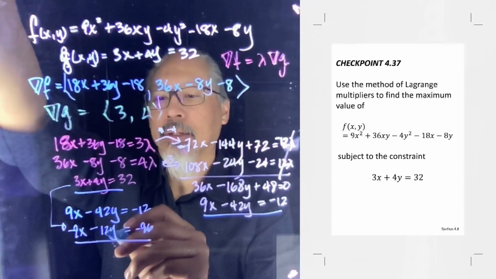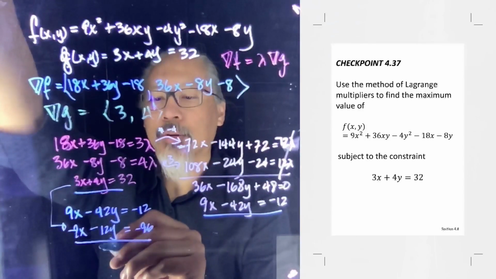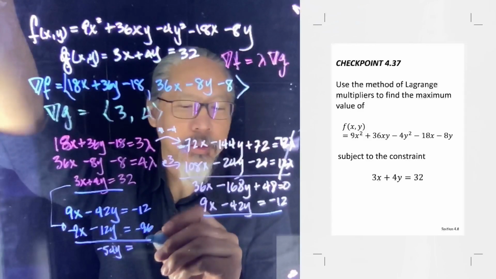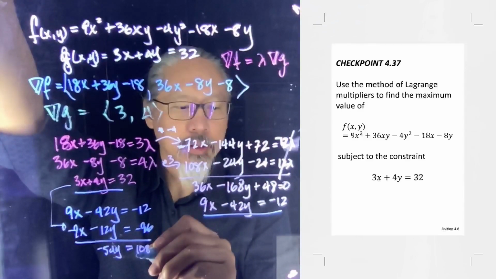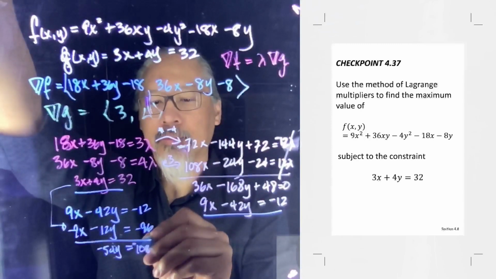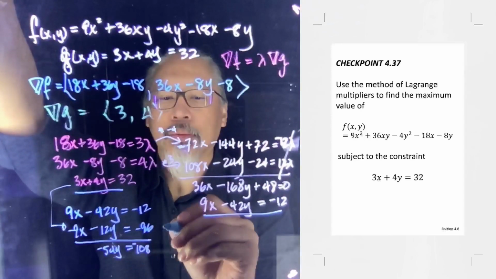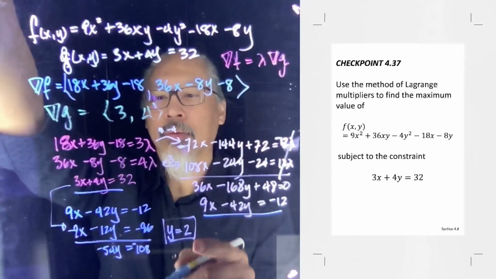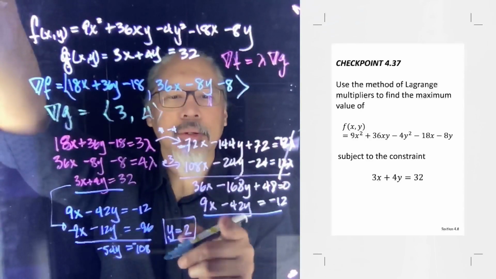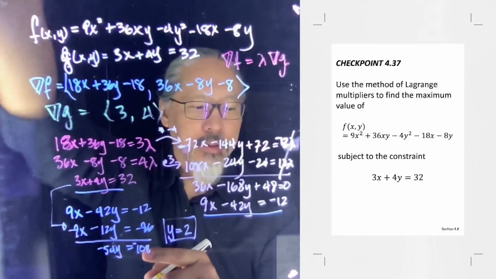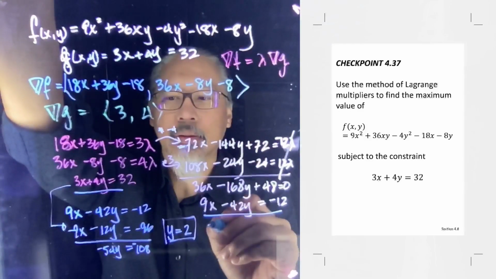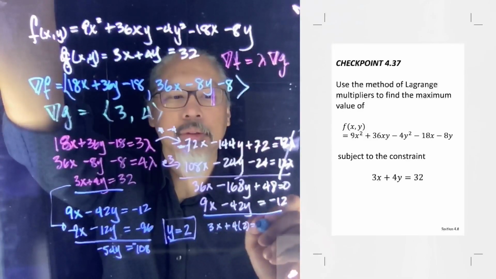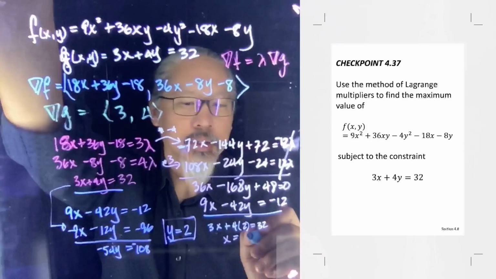This would be 54y, and this would be negative 108. So we'll divide out and we'll get y equals positive 2. And we'll put that back into any equation that we see, and let's put it back into here. We get 3x plus 4 times 2 equals 32, and we're going to get x is equal to 8.